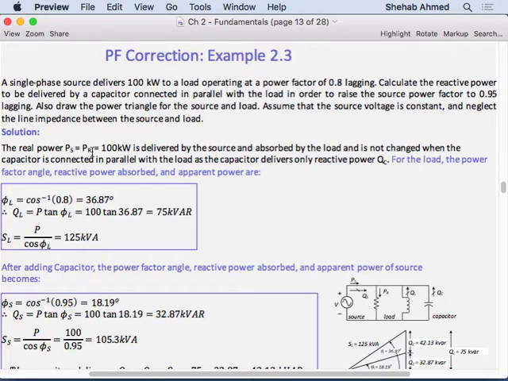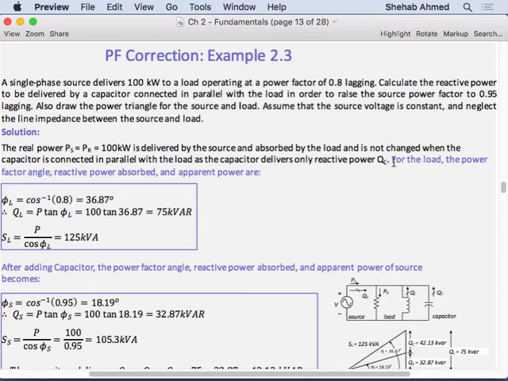So the source is delivering real power to the resistor that's in the load. It is delivered by the source and absorbed by the load, and is not changed when the capacitor is connected in parallel with the load, as the capacitor delivers only reactive power QC. Right? So the ideal capacitor is only going to deliver reactive power. It does not have a resistive element in it that burns power.